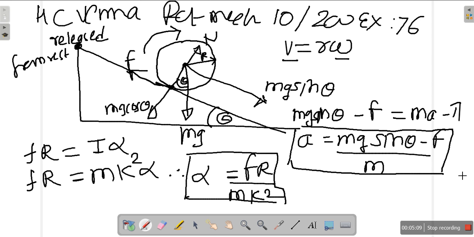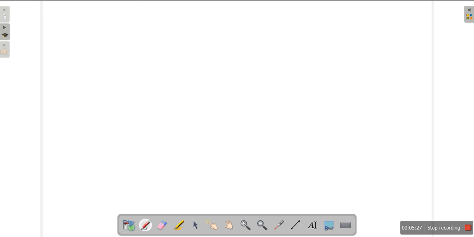Now what we will do is we will use Newton's equations of motion: v equal to u plus at and omega equal to omega naught plus alpha t.